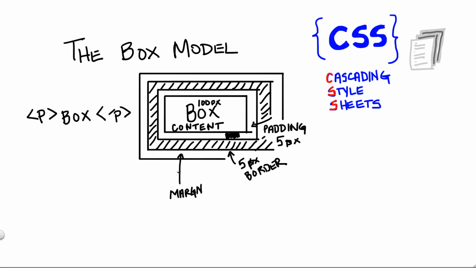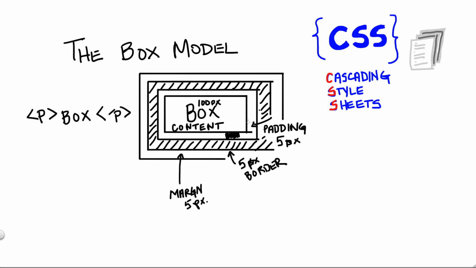All right, and let's just say that this is also 5 pixels. Okay, so this is our complete box model. We've got a margin, we've got a border, we've got a padding, and we have our content. All of these things together make up the entire width of a particular element on the page.